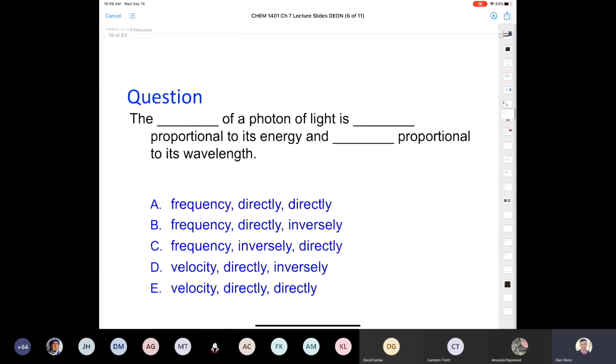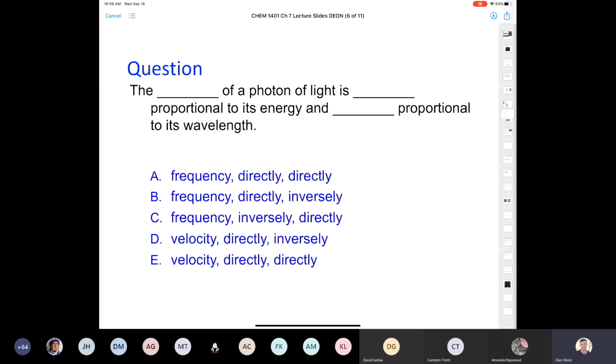I don't do a lot of these fill in the blank questions, but I thought we'd do this to slow down for a second, clear our minds, and make sure we're all on the same page about frequency, photons, energy, and wavelength. I'm sure most of you have this down pat.